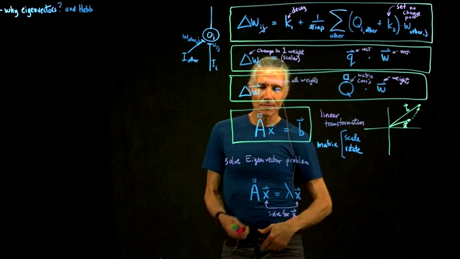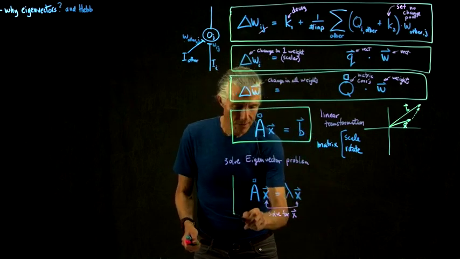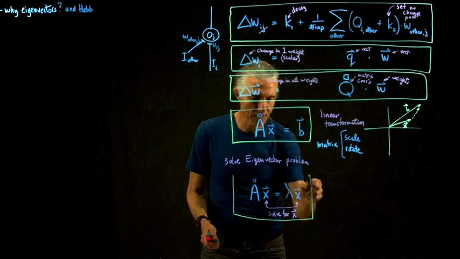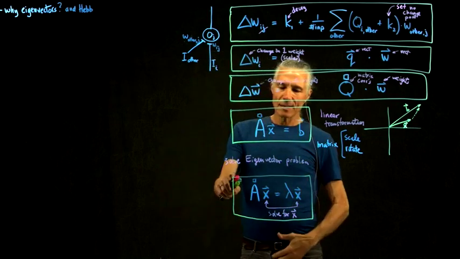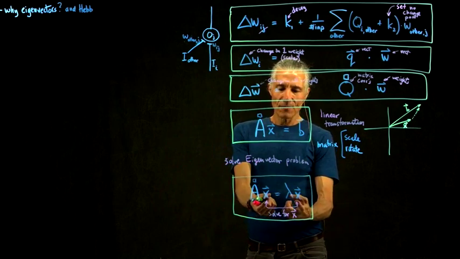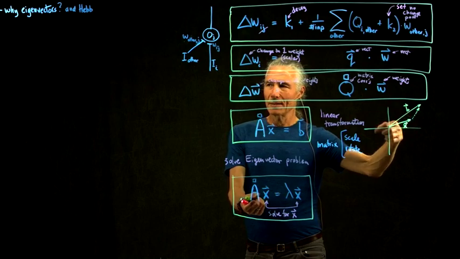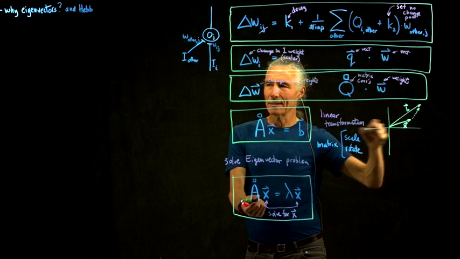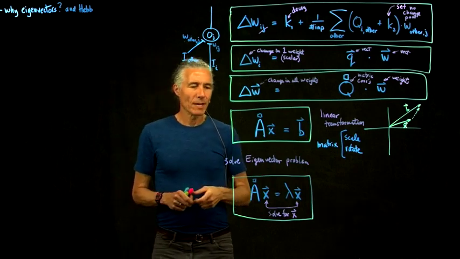That's the meaning of the eigenvalue problem. You take a matrix, and you've got all different kinds of matrices, and then solve for a vector that when the matrix does whatever it does to it, it only expands or contracts. That's geometrically what an eigenvector is.